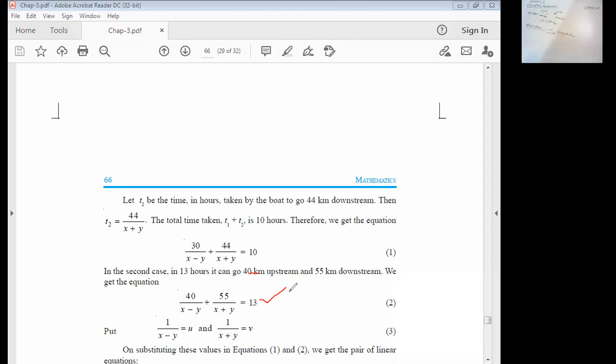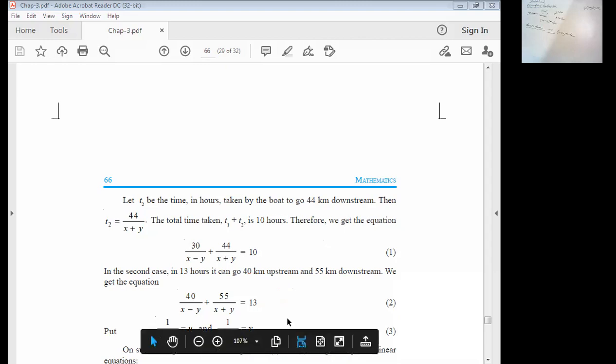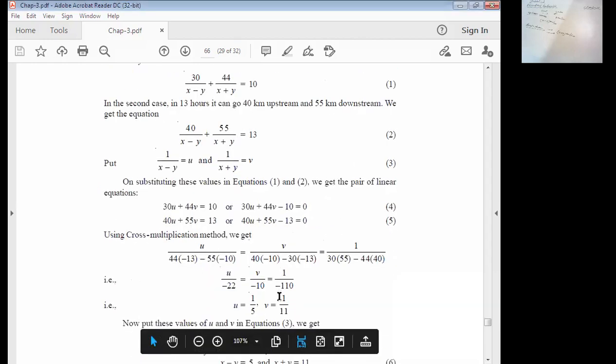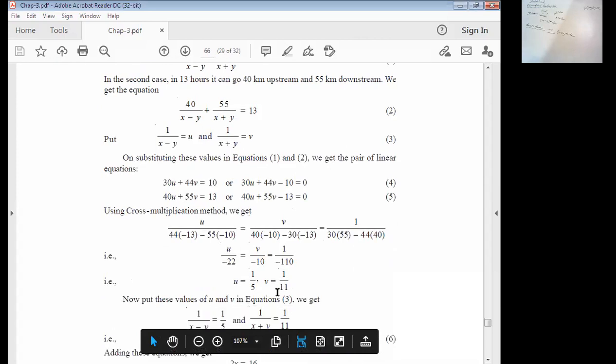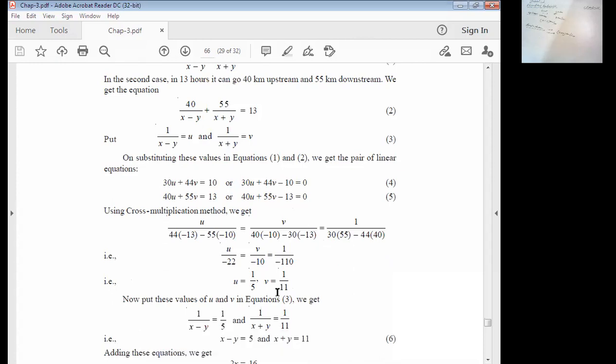Now students, we reduce these equations 1 and 2 into a pair of linear equations by substitution. 1 upon x minus y is equal to u and 1 upon x plus y is equal to v. And please read the solution carefully. After substitution, we get these equations, 30u and so on. Here it takes u and v; you can take any alphabet, it doesn't matter.